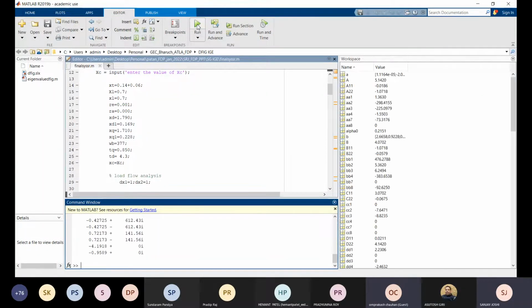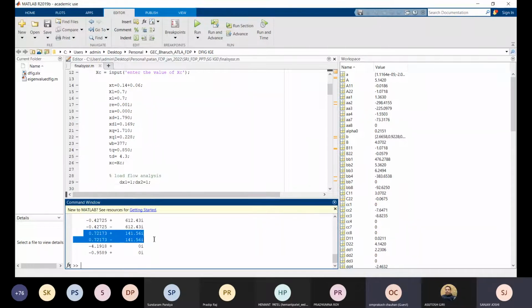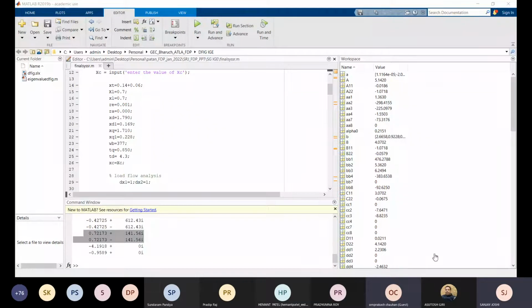Again the same series capacitor. Now I am highlighting the unstable network mode, 141.56. Selected 0.72 plus 0.72. Can you all see that? So now what is the comment on these four case studies run?